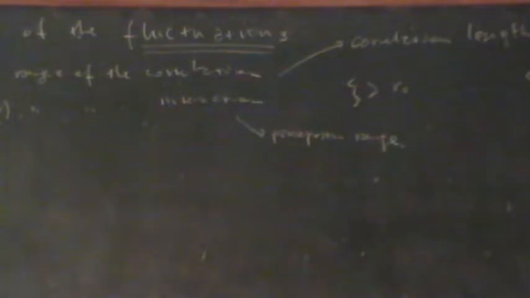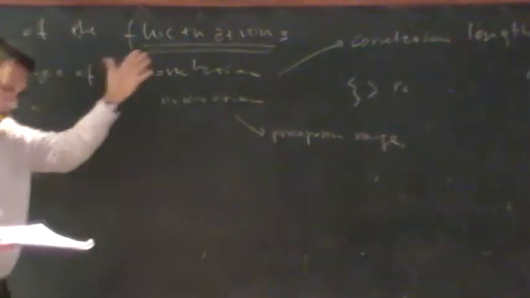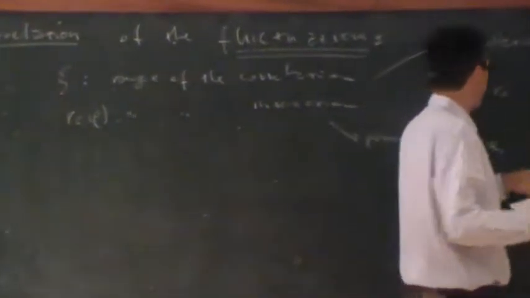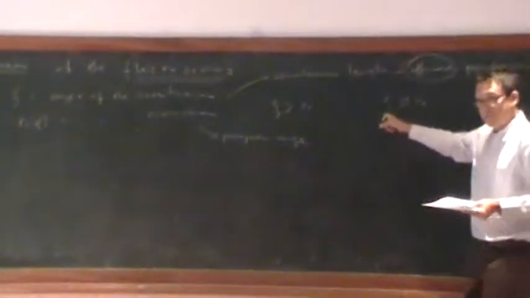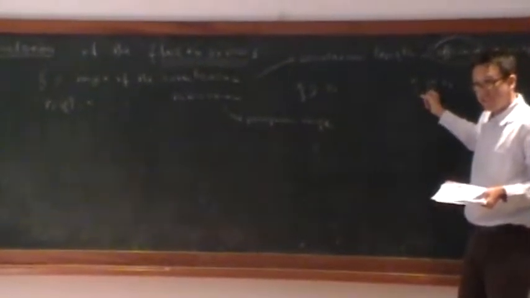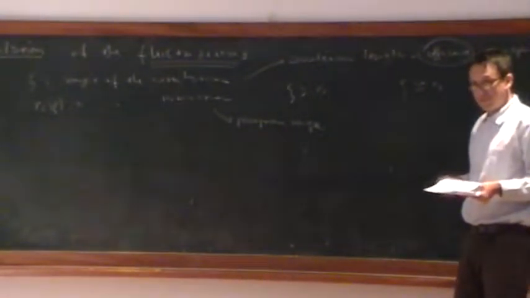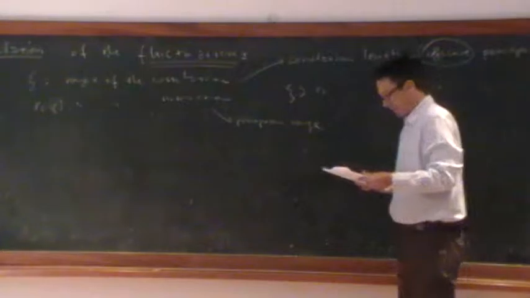You directly feel the neighbors that interact with you in some way. But then you have correlation, which has a longer range, and they call this the effective perception range. Sometimes the effective perception range can be much larger than the actual perception range.